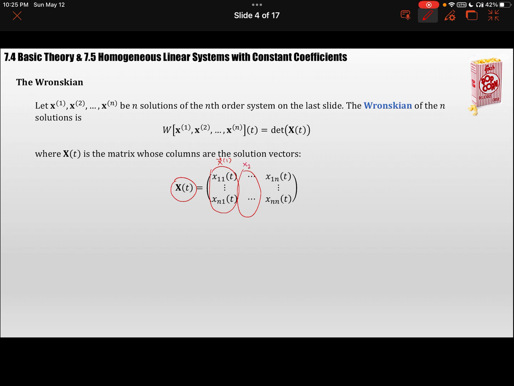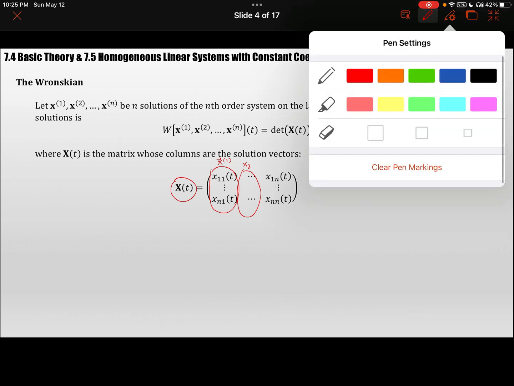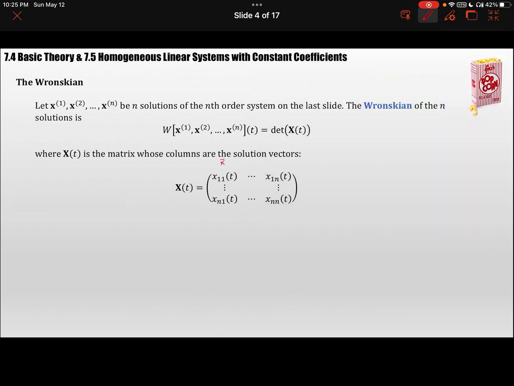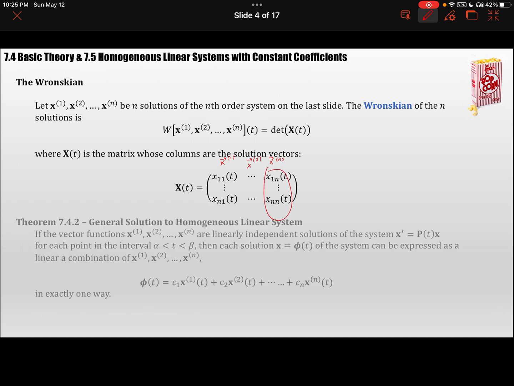Oops, excuse me. So let's see here. Right, this is x1, x2, this is xn. Each of these columns is a vector. And so we can take its determinant, and that's called the Wronskian.